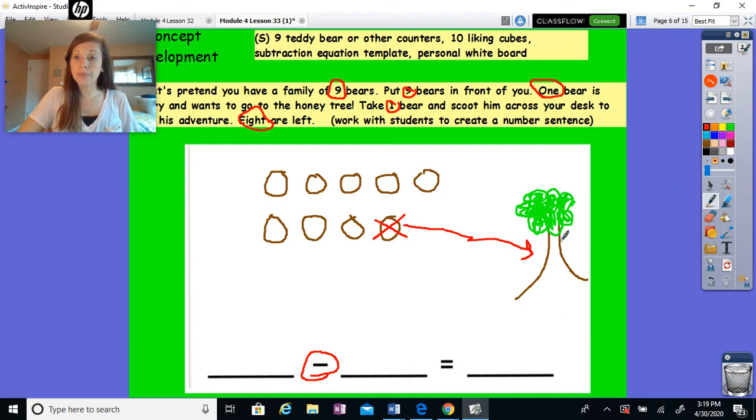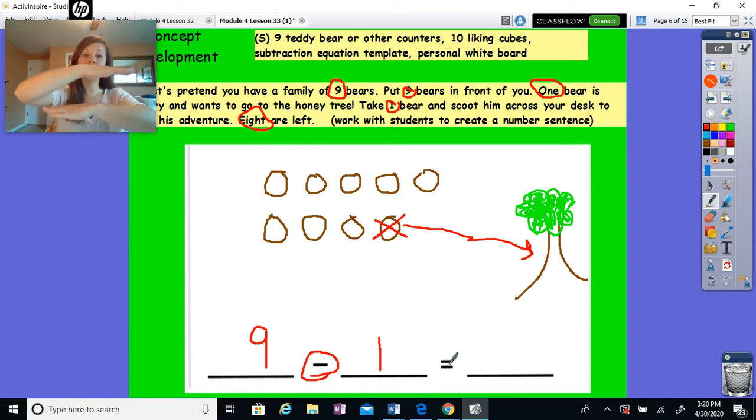When we do subtraction, we always start with the whole or the biggest number. We started with 9 bears, so I'm going to write 9 first. Circle and a straight tail. 9 minus how many bears went to the honey tree? Just 1. So 1 comes next, straight line down. 9 minus 1 equals how many bears were left?